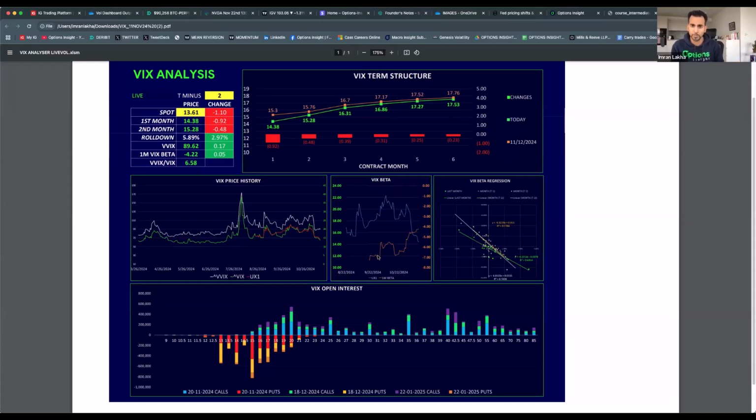The VIX itself represents the volatility of the S&P. So if we know the volatility of the S&P and we know the VIX beta to the S&P, in theory, multiplying the volatility of the S&P, which is the VIX, by the VIX beta should give us a pretty good idea of how the VIX itself will move, because the VIX is going to be a function of what the S&P does and its beta to the S&P.